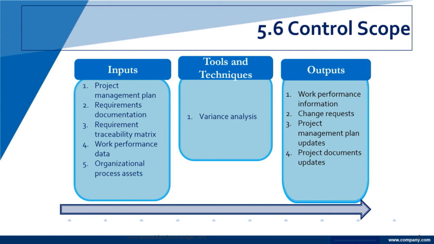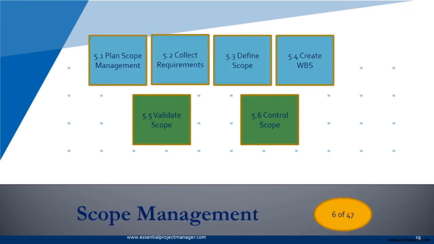It just has to be started well and maintained. And our organizational process assets, we get updates. So that's the scope management piece, knowledge area, and the 6 different processes that we've identified under it.